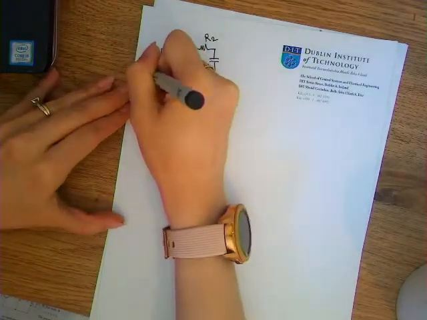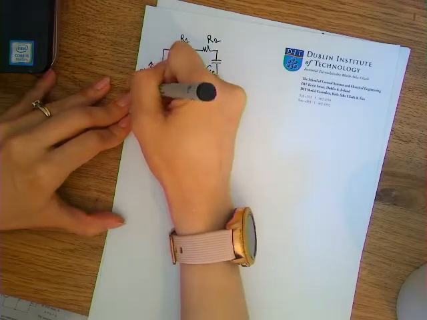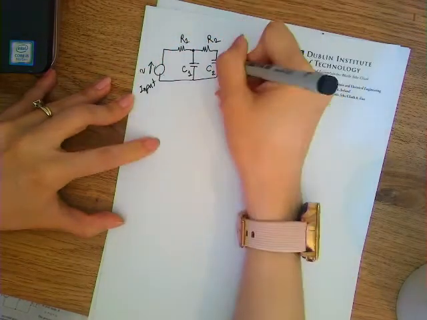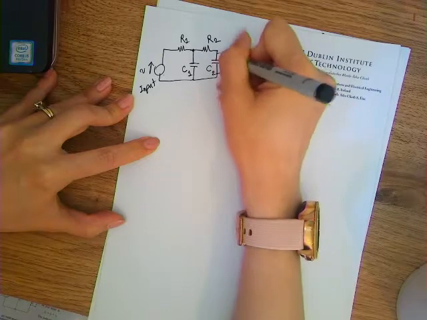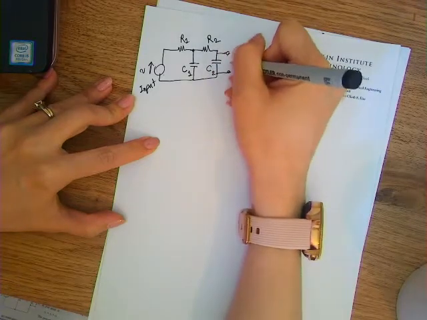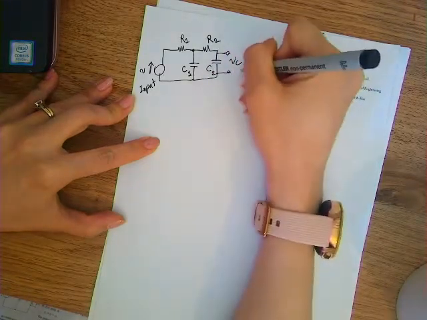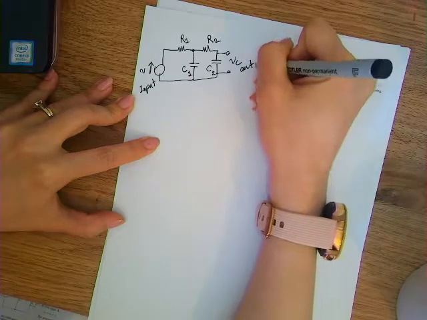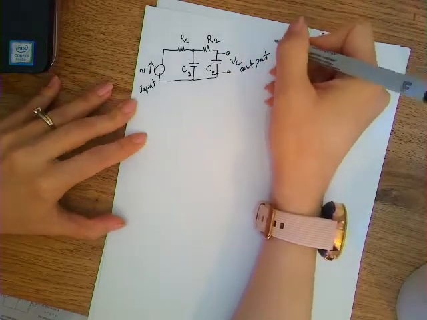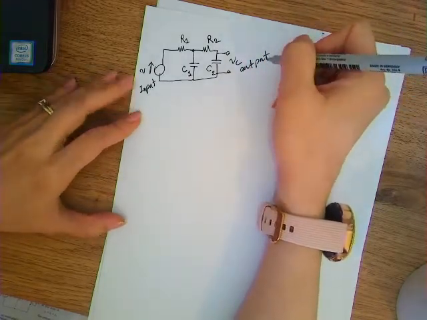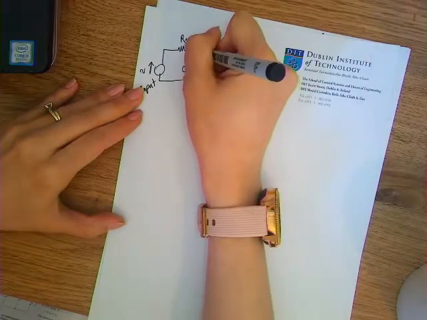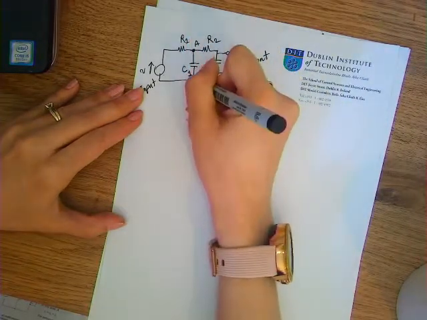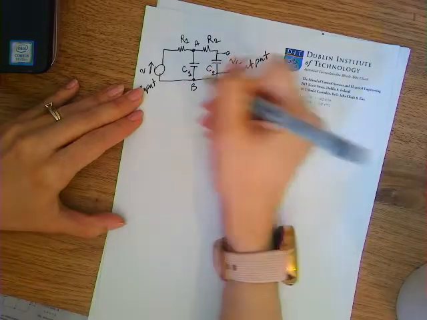So this would be input, and the voltage across this capacitor would be the VC or the output. Okay, so I'm calling this point A, and I'm calling this point B.